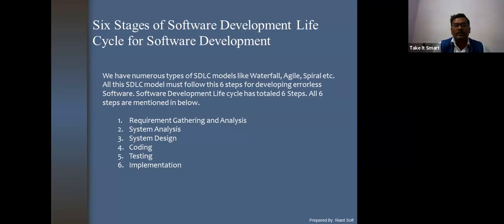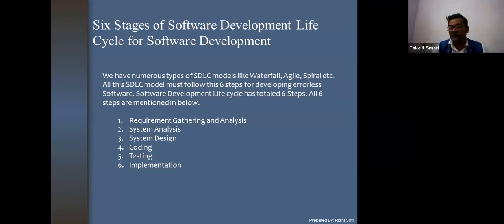Okay. So requirement gathering and analysis. We gather the requirement, but how the farmer gives it, we cannot use in the same way. We have to analyze how best we can utilize and make this functionality. System analysis: what system is required? He has this requirement, so whether Java will be good or Python will be good.